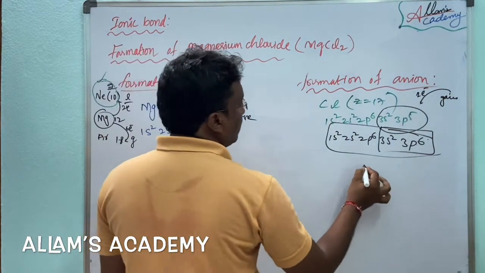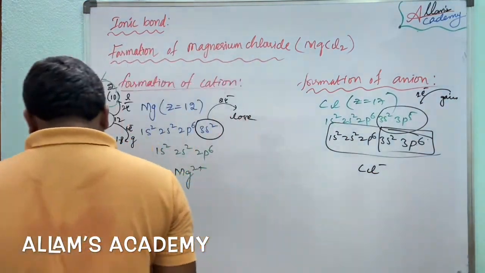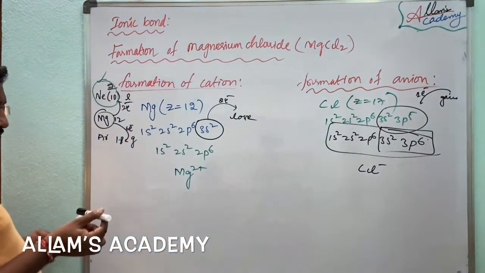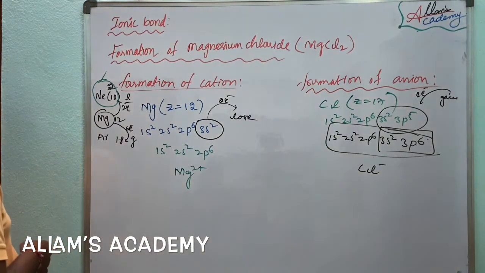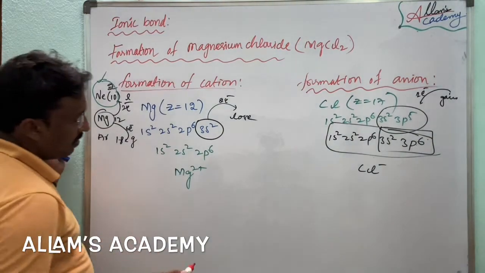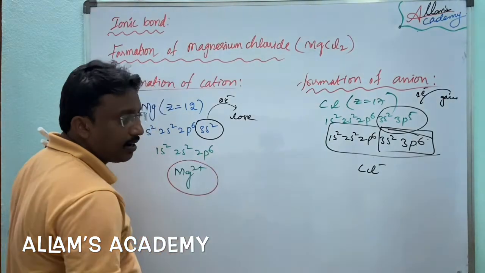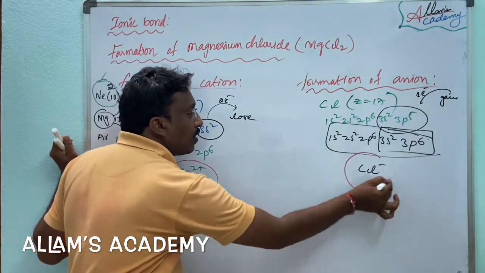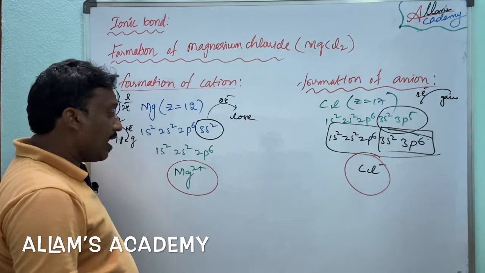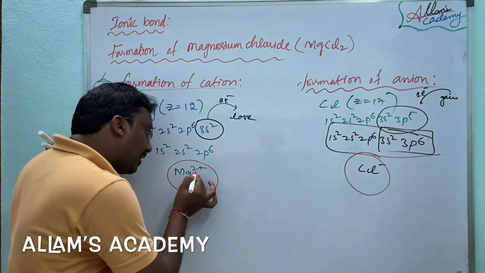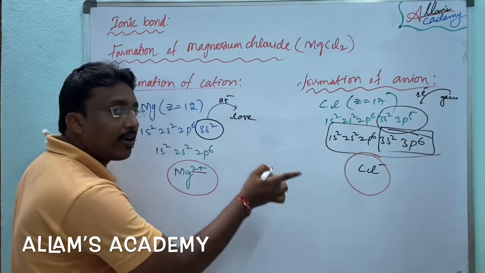Then it becomes Cl minus. Here the force of attraction takes place between the positive charge, the cation, and the anion. Here magnesium is ready to lose 2 electrons at a time.